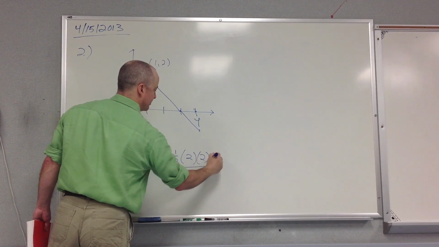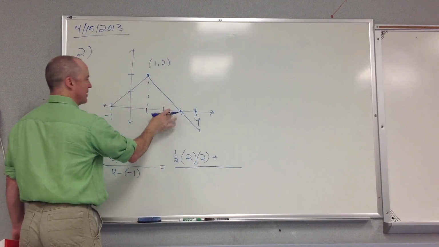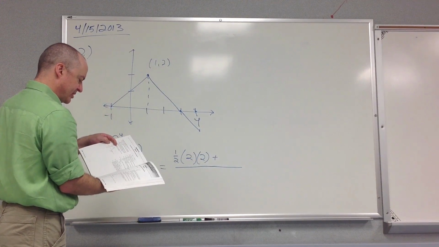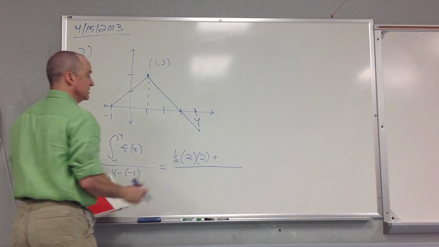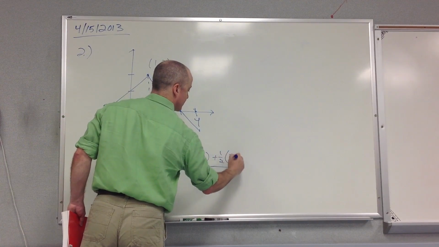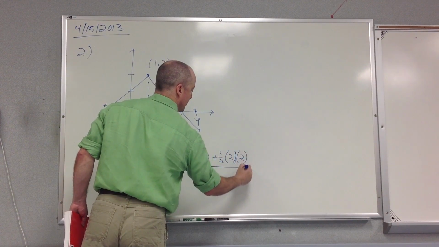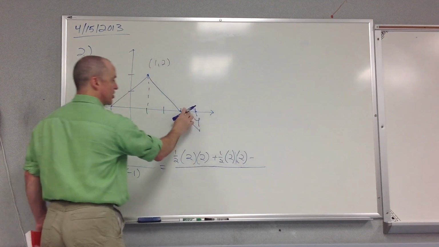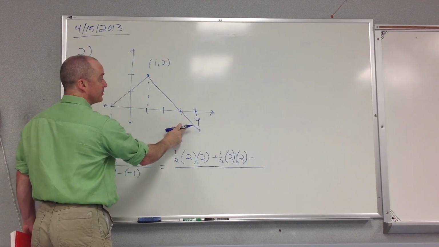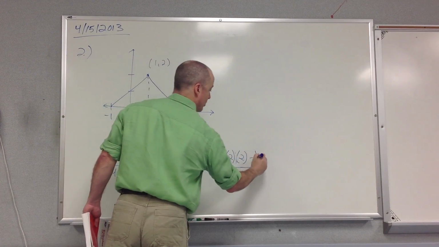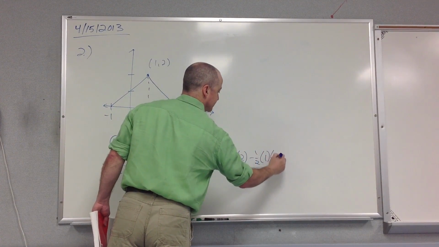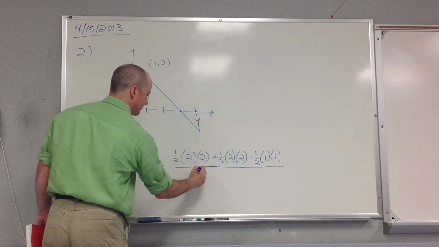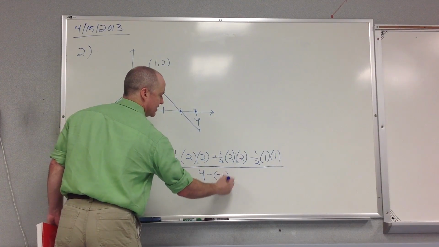And then plus 1/2 base times height. Is that symmetrical? That's another 2 and another 2? Yep. So plus 1/2, 2 times 2 again. And then minus this last triangle, because this is negative area. So that's minus 1/2, 1 times 1, all over 4 minus negative 1.